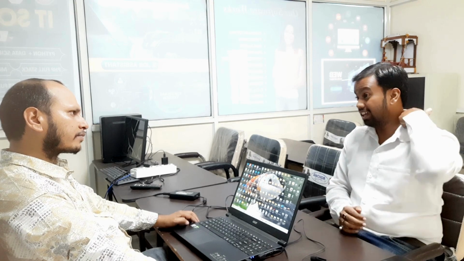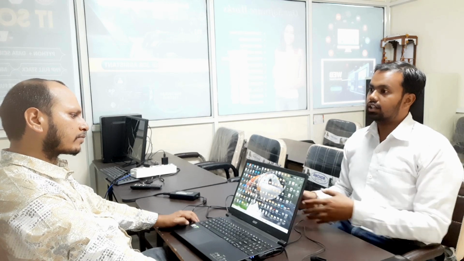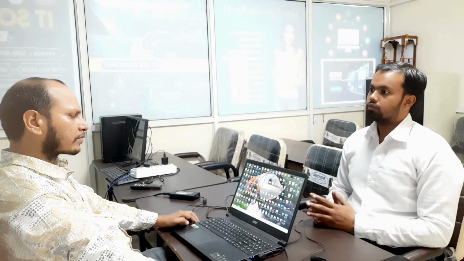There are different types of tags, and you can also use the label tag. It is basically used to label the input types you have mentioned in the HTML form.